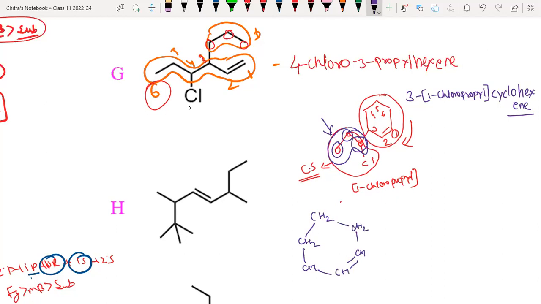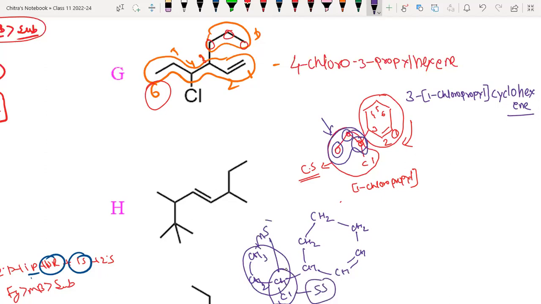And on this side we have CH, here we have chlorine, here we have CH2, and here we have CH3. So this is the structure for that. In this carbon atom, chlorine is present instead of hydrogen. So this is going to be our main substitution, and chlorine is going to be our side substitution.